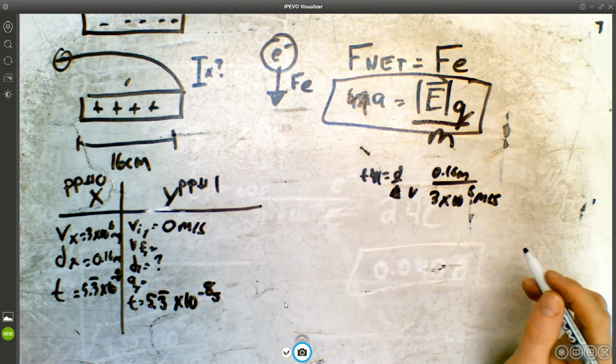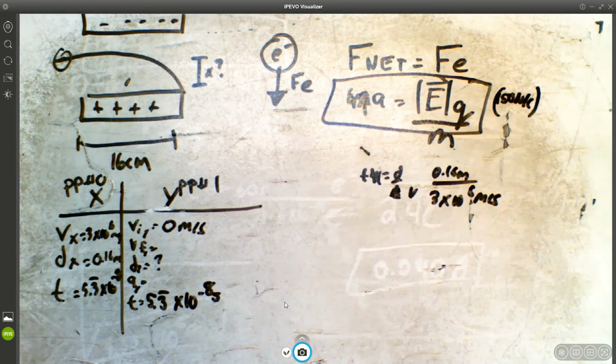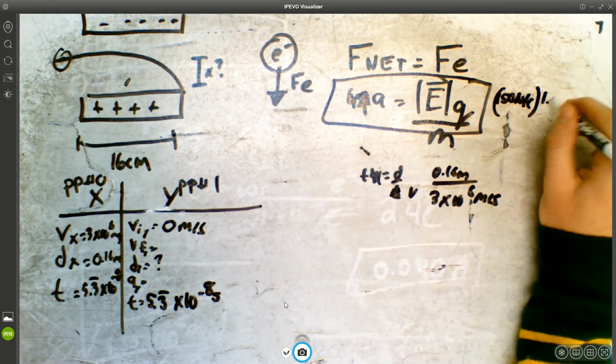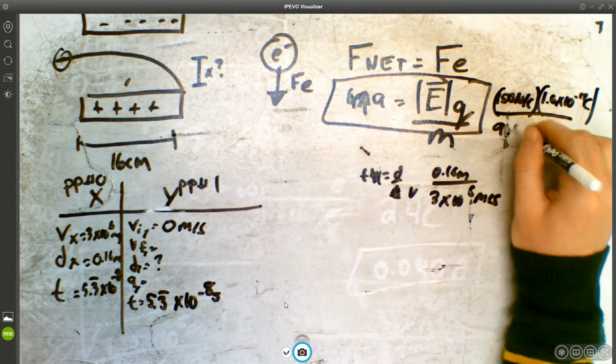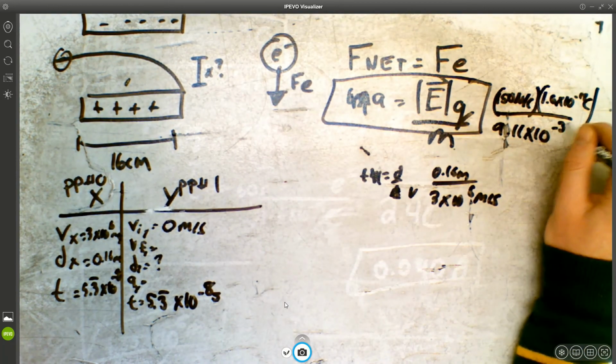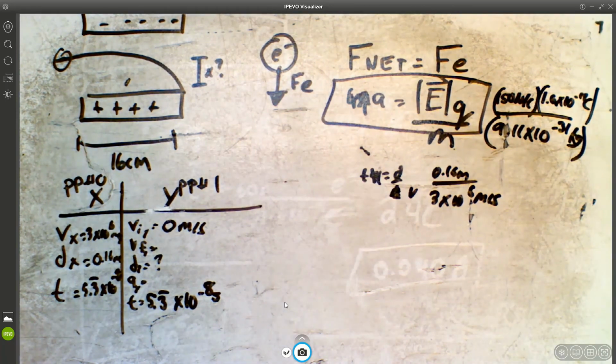They give us our electric field in the question, 150 newtons per coulomb. Our charge is an electron, so 1.6 times 10 to the negative 19 coulombs. And the mass of my electron, I know that, 9.11 times 10 to the negative 31 kilograms. So I plug that in, and I can find my acceleration.